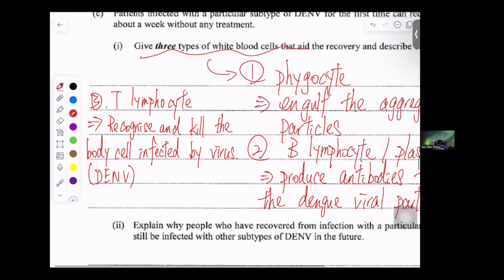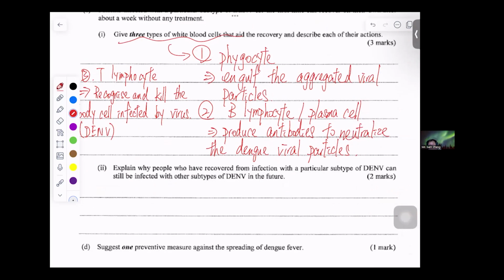So here are the three types of white blood cells and their corresponding functions.